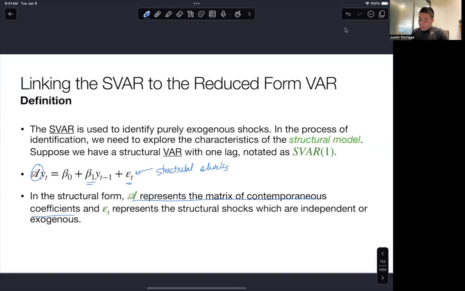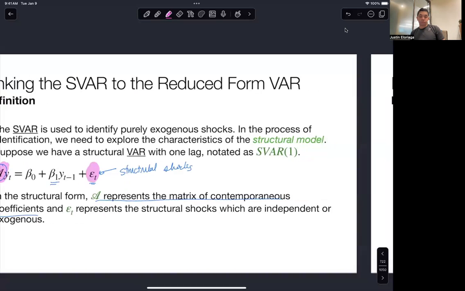So the big idea here is that we want to impose restrictions on A in order for us to be able to get the epsilons, which are the structural shocks. And the way we get epsilon is we have a formula wherein we can convert the SVAR to reduced form VAR and solve for those epsilons, right?